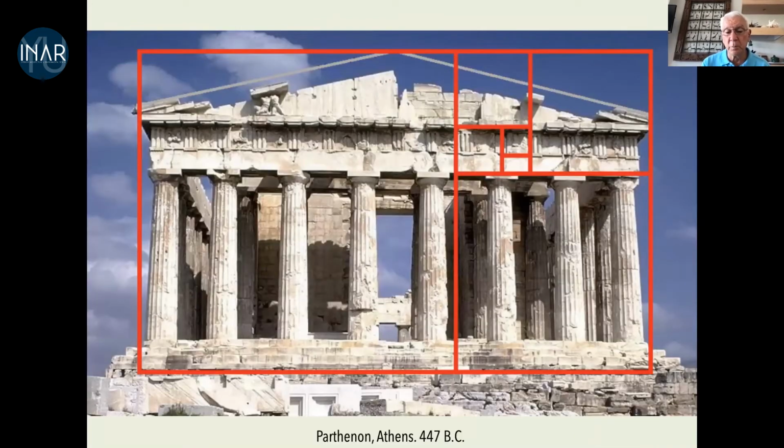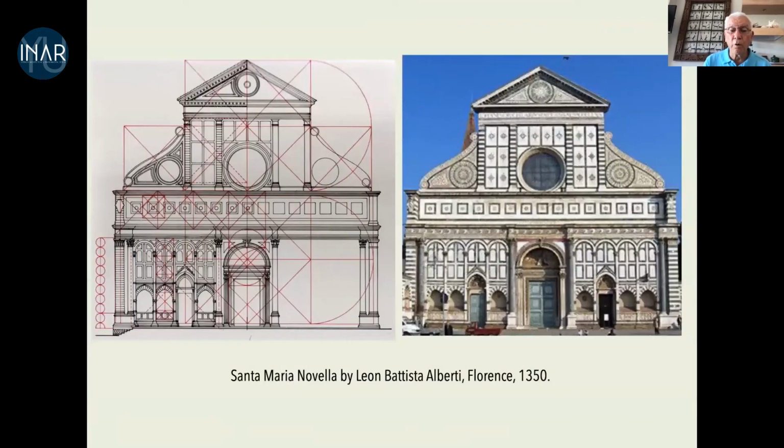Well, for instance, this one, the Parthenon this time, not the Pantheon, in Athens, built in 447 BC. And you can see how, when you analyze it, the golden section appears. Or another famous architect, this time from Italy during the Renaissance period, Leon Battista Alberti, and his famous Santa Maria Novella.